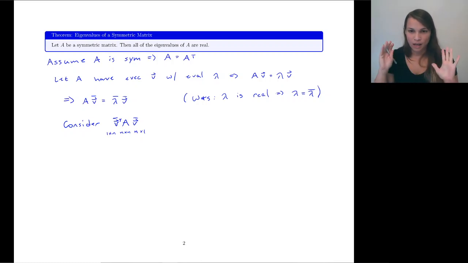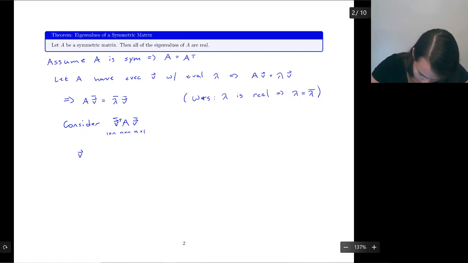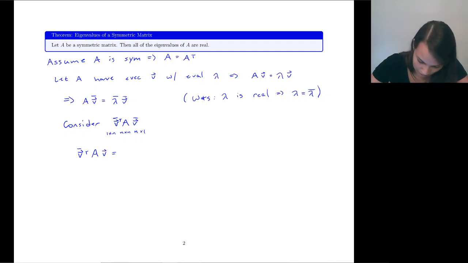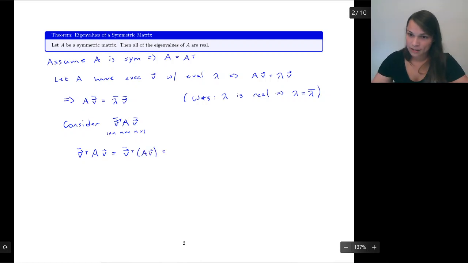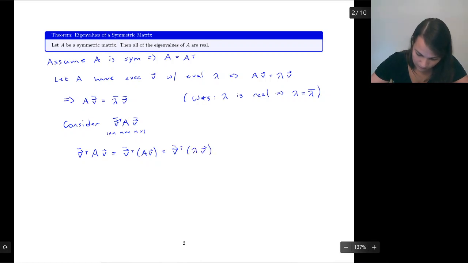I'm going to work on simplifying this. So we've got a v, and I can group up A and v. I know things about that because of eigenvalues. So we're going to bring in an eigenvalue like that.